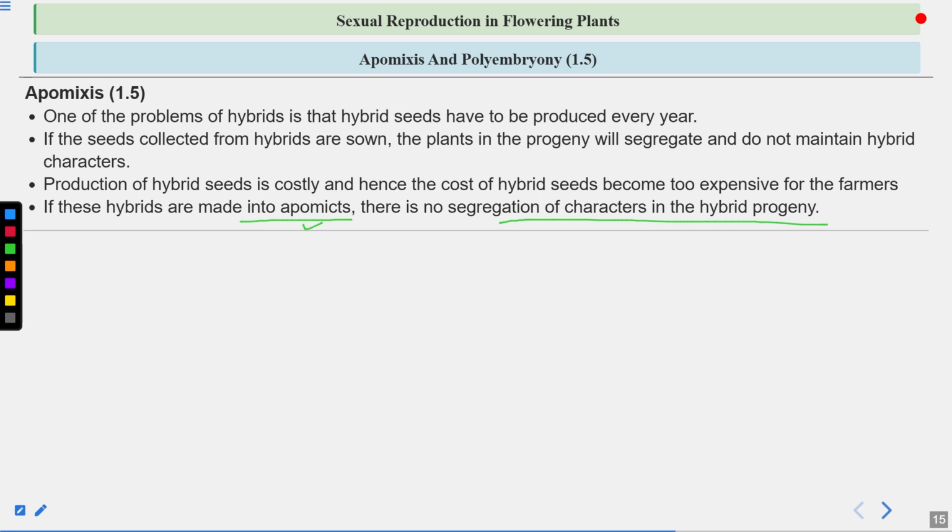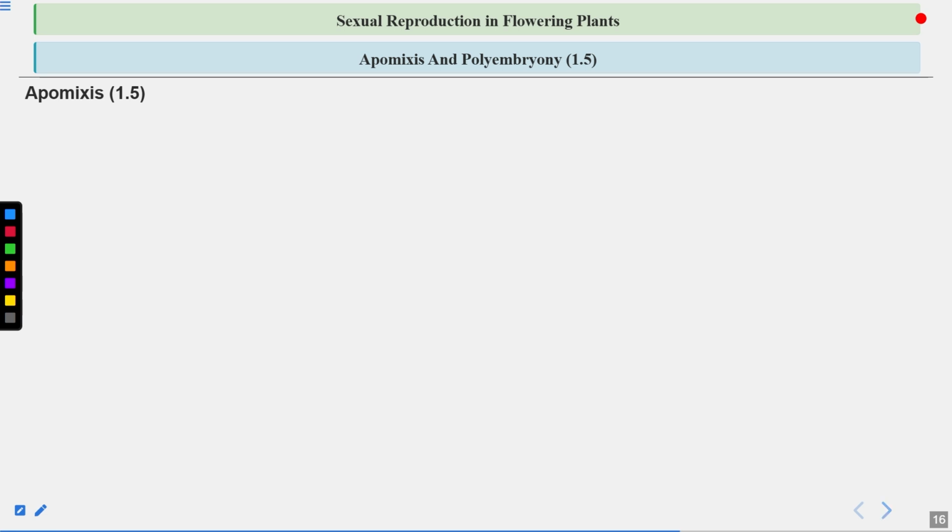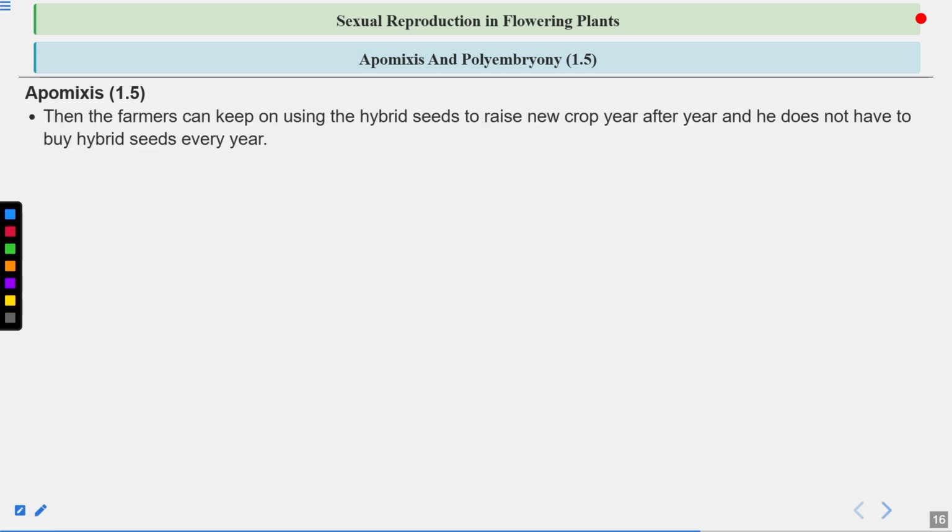Once you create a hybrid variety, you can get the apomictic initiation in those seeds, and if they produce apomictic seeds, then the problem is solved, right? Then the farmers can keep on using these hybrid seeds to raise new crops year after year, and he does not have to buy hybrid seeds every year, right?